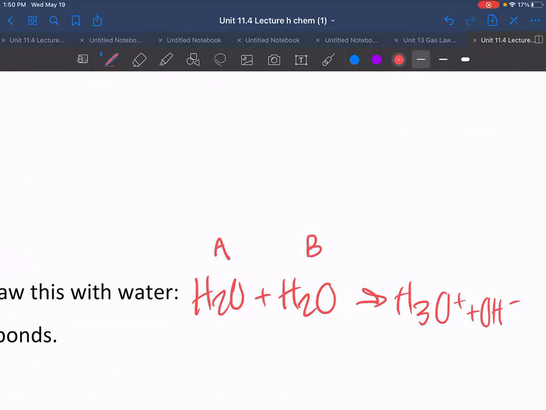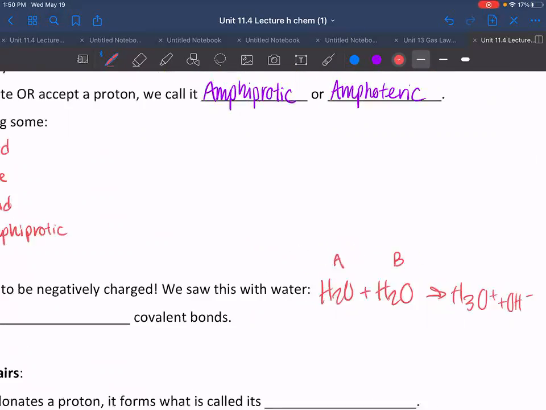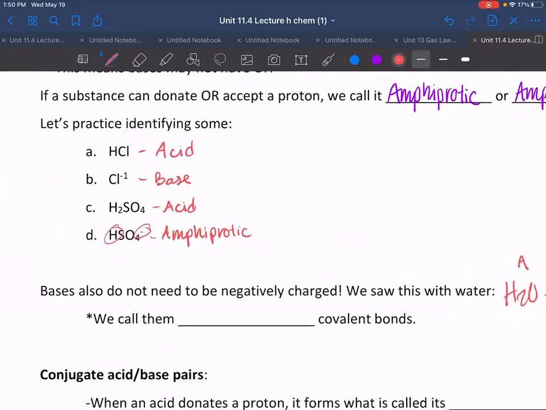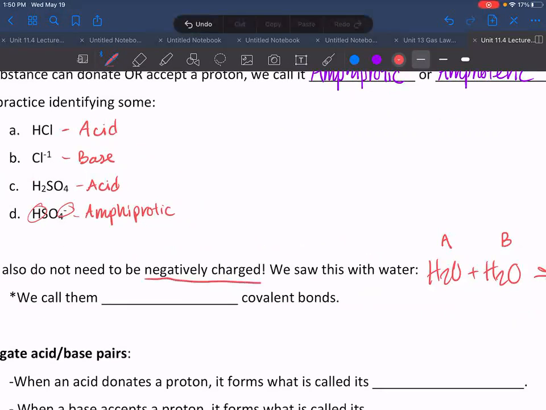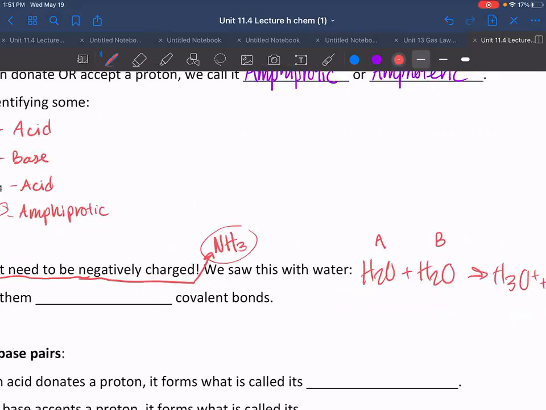The other exception to bases that do not need to be negatively charged is going to be ammonia. Otherwise, you are going to see them be negatively charged. NH3 acts as a base and makes NH4 plus, and we call these coordinate covalent bonds.